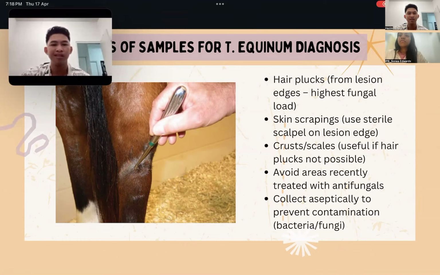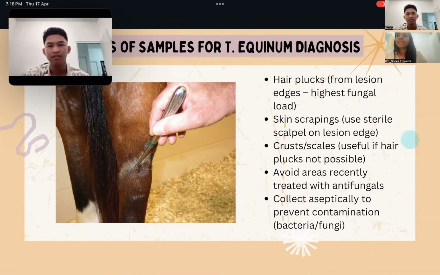Broken hair in this area often contains the highest fungal load. Skin scrapings are collected using a sterile scalpel blade to obtain keratinized material from the lesion edge. Crust and scales can also be useful, especially in cases where hair pluck is difficult to obtain.